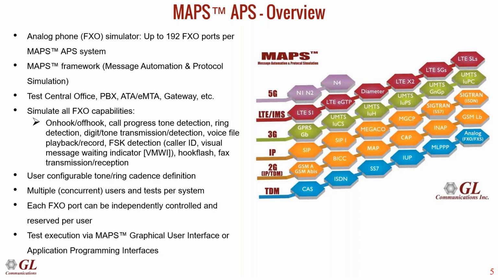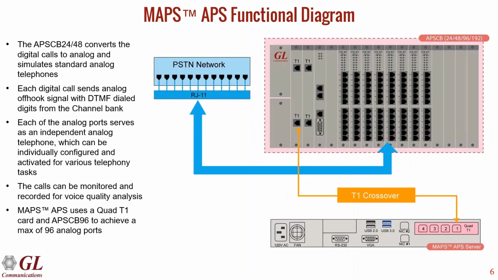Okay, thanks. Okay, thank you, Rob. So here on this slide, we just show a little diagram of how this works. We have our MAPS APS server, which is a rack PC with our specialized T1 quad card, which we'll talk about a little bit more. But basically, this card is a PCIe card that's in the rack PC, and it has 4 T1 or E1 ports, and you can connect one of these T1 ports to something called a channel bank.